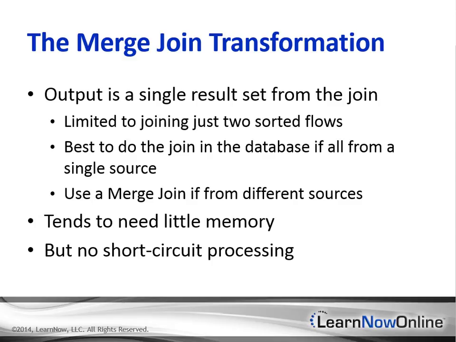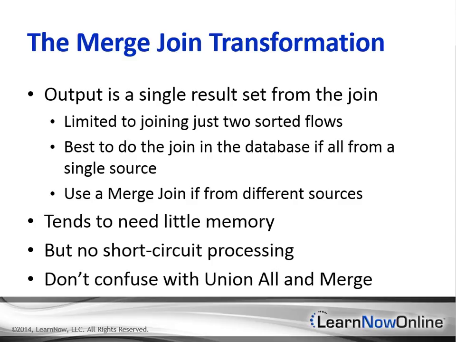So just keep that in mind, particularly if you're working with data flows that have widely dissimilar numbers of rows within them. Also, Integration Services has other transformations that can merge multiple data flows, including the union all and merge transformations.